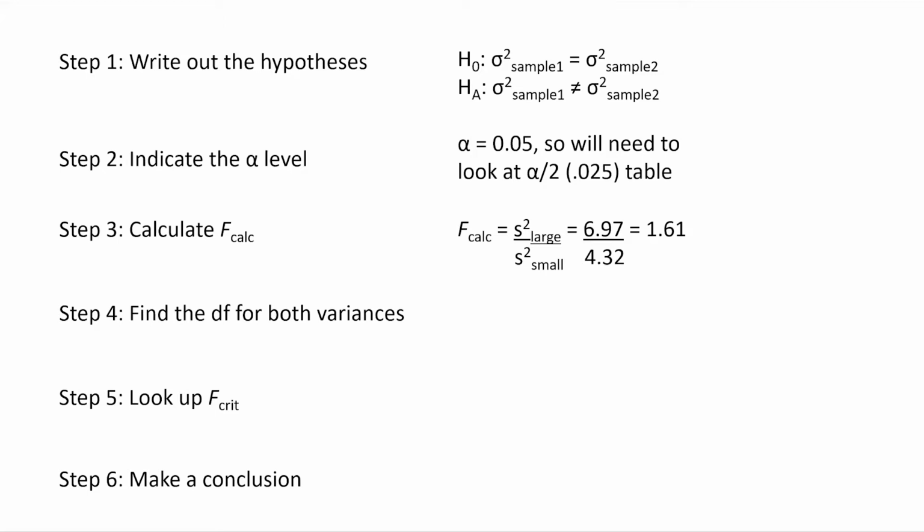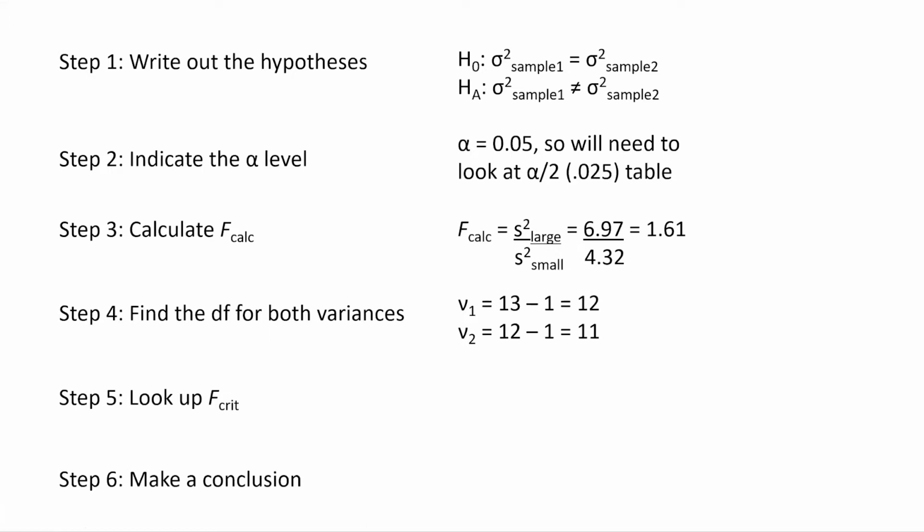But we could then, using the table, look at our F-calc, or calculate our F-calc. So we have our larger variance, 6.97, divided by our smaller variance, 4.32, and we get an F-calc of 1.61. So a little bit bigger than 1. We now find the degrees of freedom for both variances.